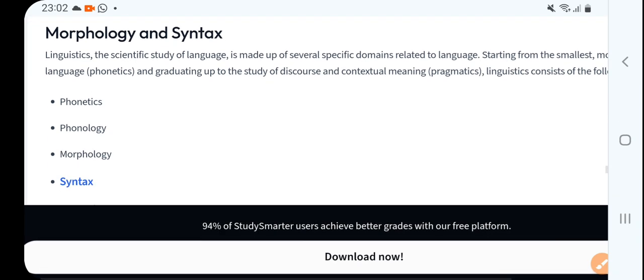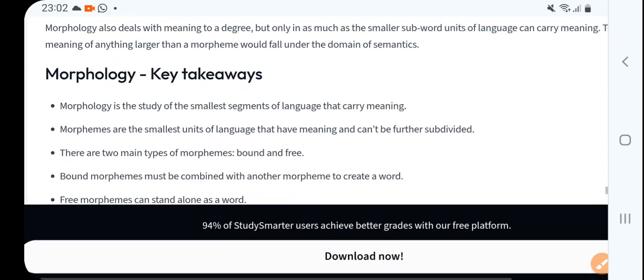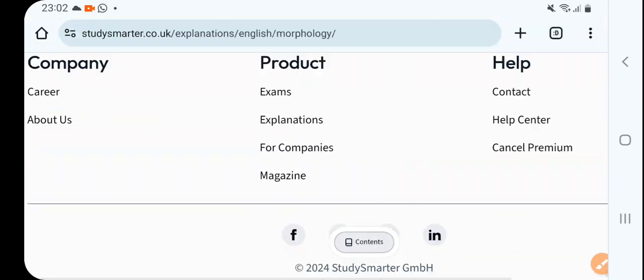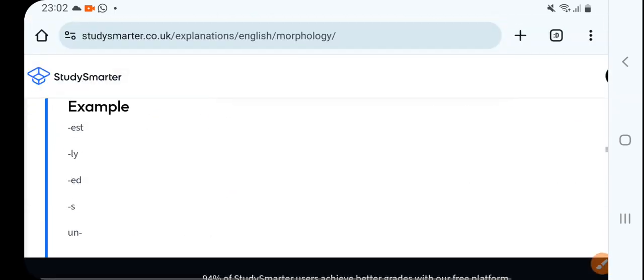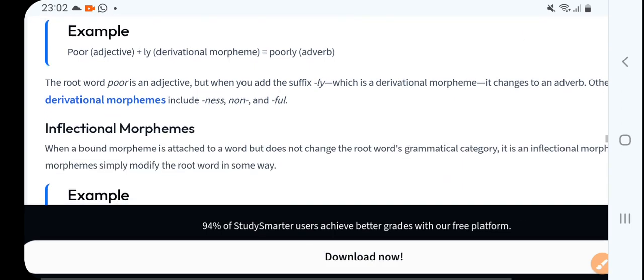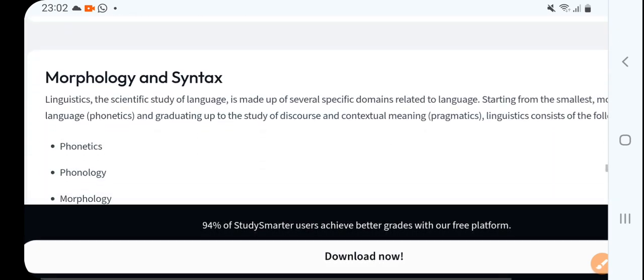Now morphology and syntax. So here we see the comparison of morphology and syntax. Okay, so let us see morphology and syntax.